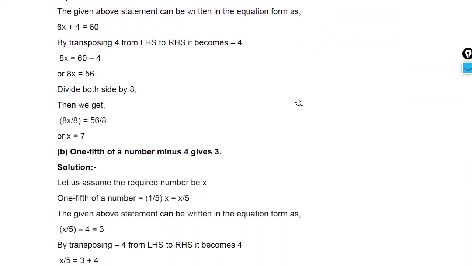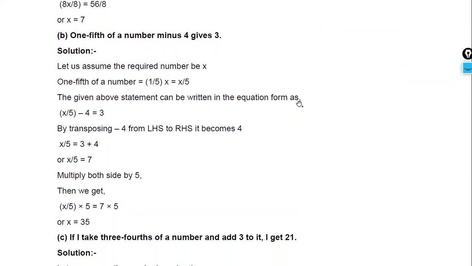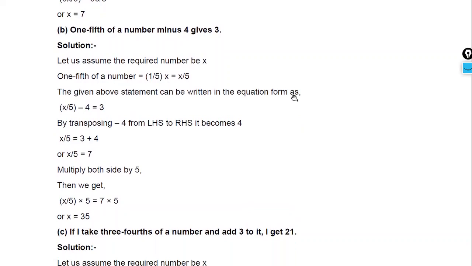Now again we'll move to B. 1/5 of a number minus 4 gives 3.